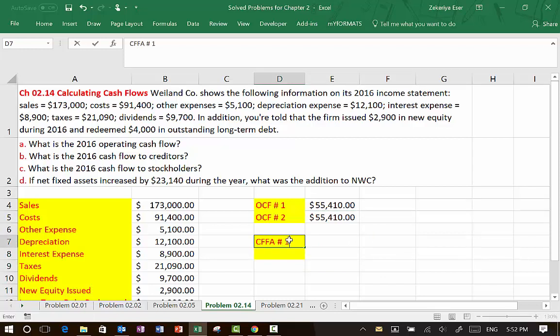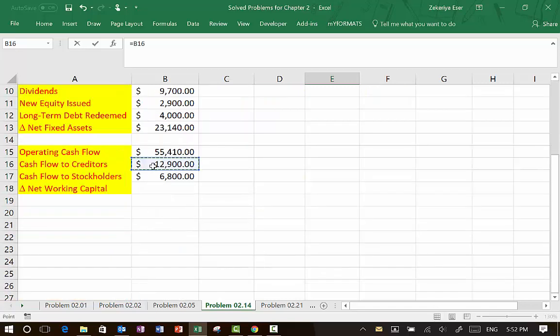Two ways we can calculate cash flow from assets. The first one is the simple one. Total cash flow from assets has to go either to stockholders or the creditors. So it's cash flow to creditors plus cash flow to stockholders.